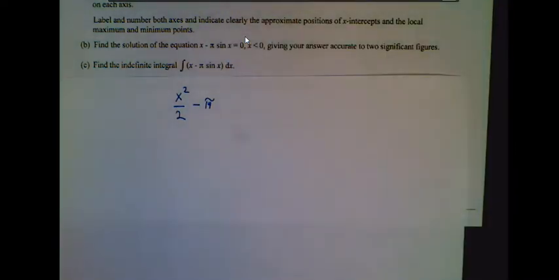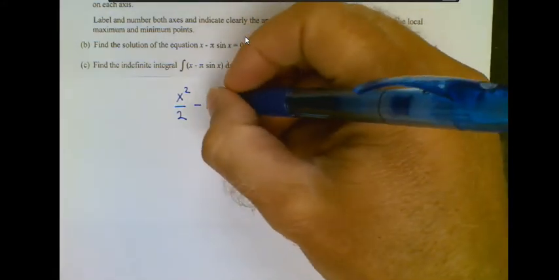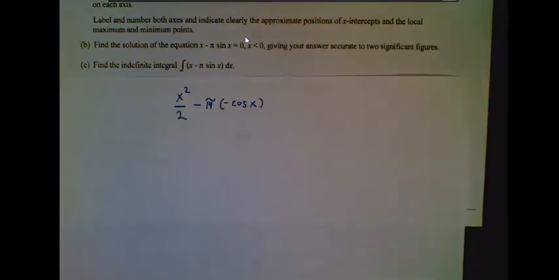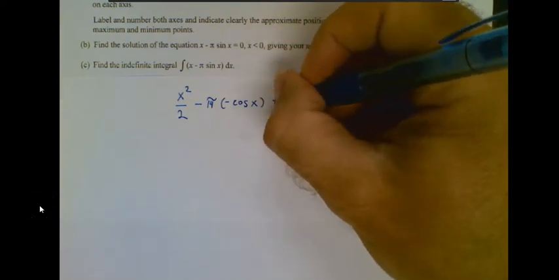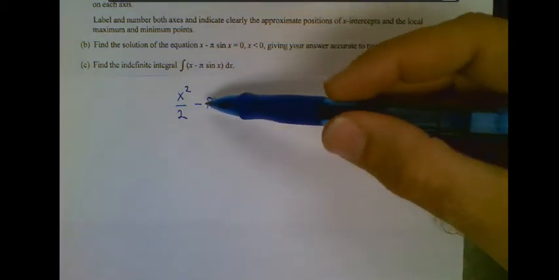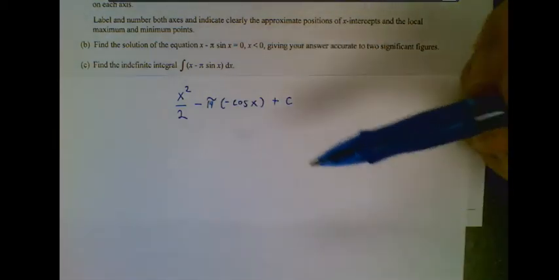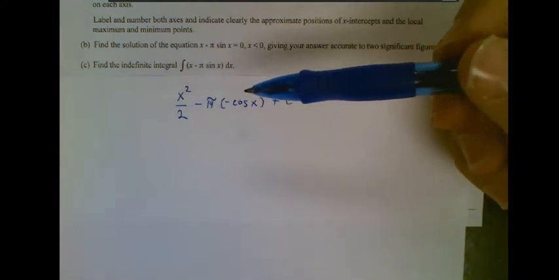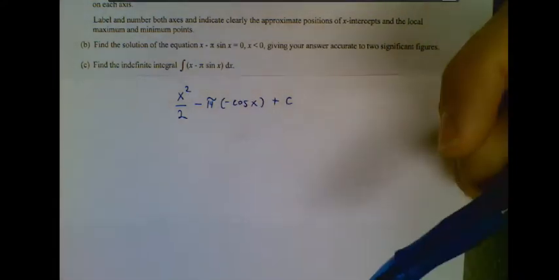Integral of sine, we know is negative cosine. And so that would be our indefinite integral. So it's indefinite, so we have to throw in the plus c, otherwise you get marked down for that. And of course we have the double negative, so we could write that as a positive. So we could write 1/2 x squared plus pi cosine x plus c.